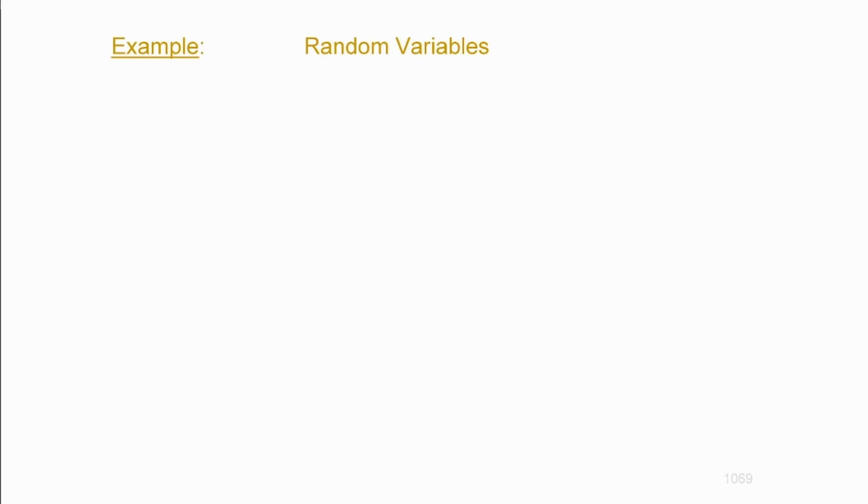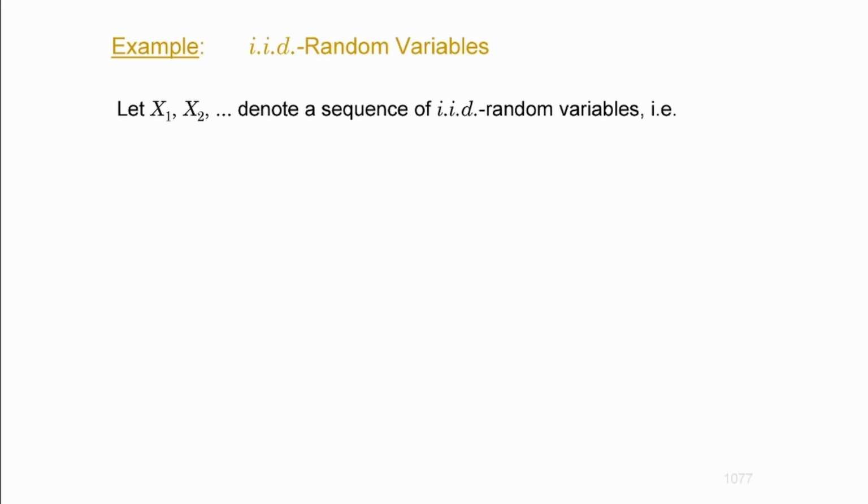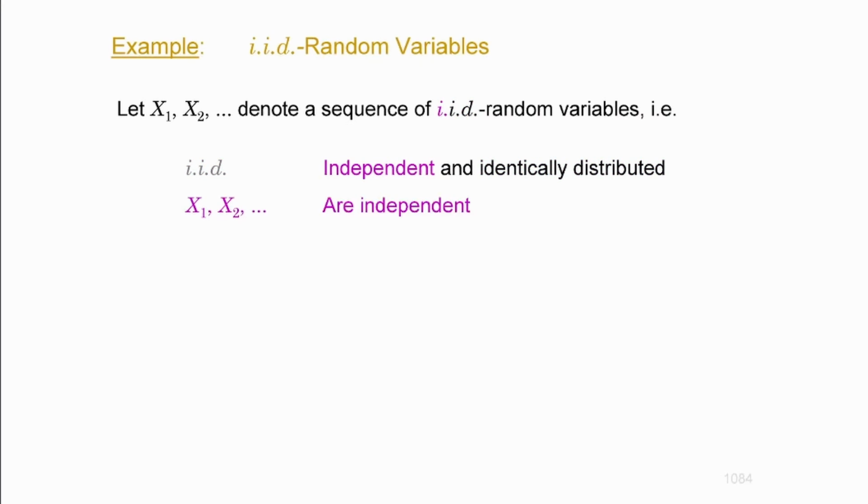So for example, I will need to mention two important issues, which are the central limit theorem and the weak law of large numbers. So let's say you have a sequence of random variables, and this time they are i.i.d. Independent and identically distributed means that they're mutually independent.